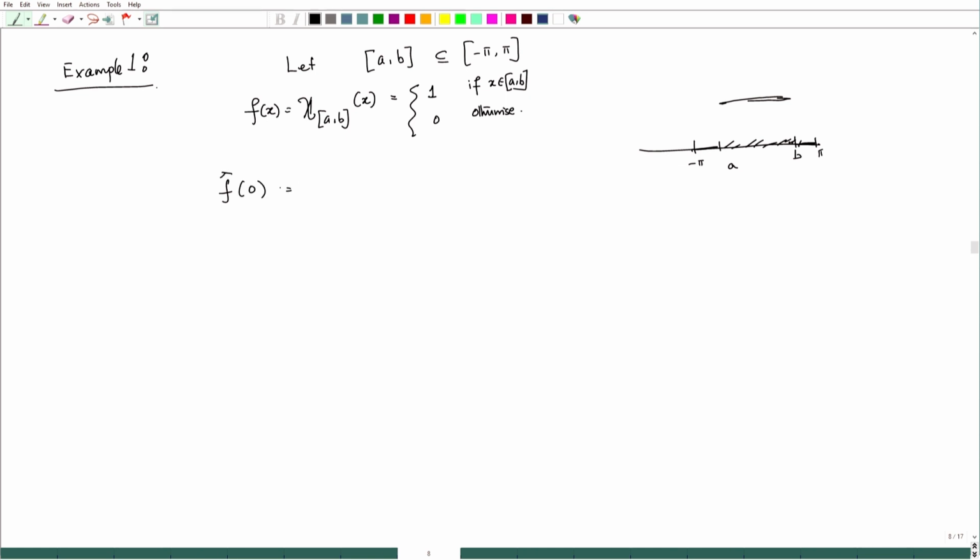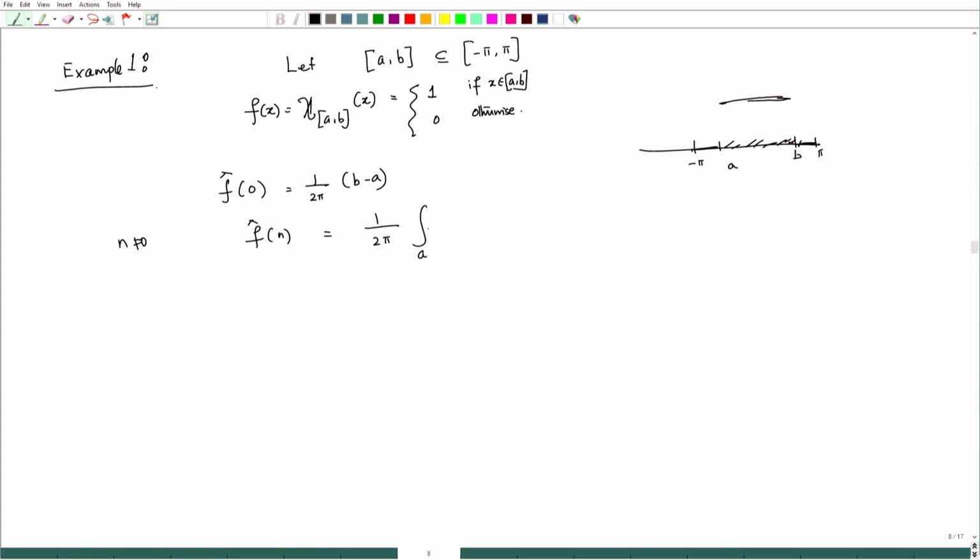this is equal to 1 by 2 pi, only surviving part is the length of the interval, this is b minus a. Now, for n not equal to 0, f hat of n by definition is 1 by 2 pi integral from minus pi to pi, but f only survives in the interval a to b and the rest, outside a b, it is 0.